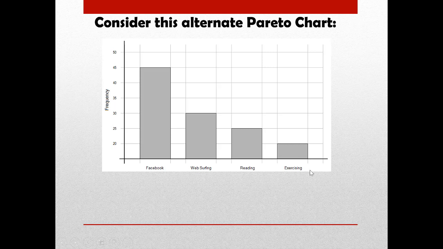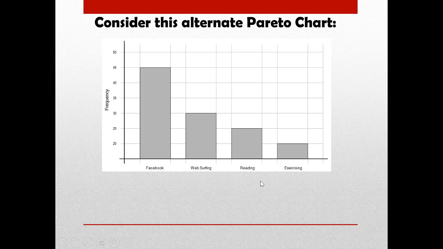Well, when we look at these bars, like the exercising bar, doesn't the reading bar look twice as tall as the exercising bar? It does, but if you remember right, the number of people who were readers was not twice as large as the number who were exercising. It was 20 and 25.